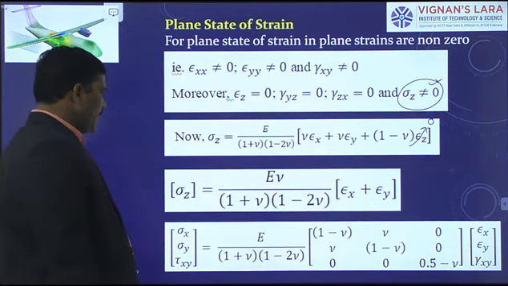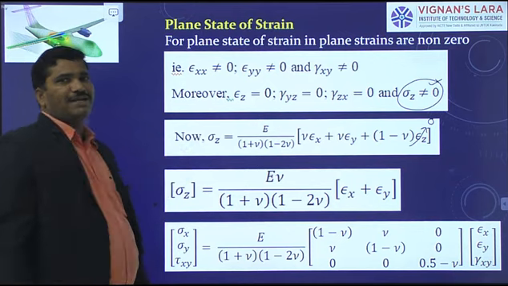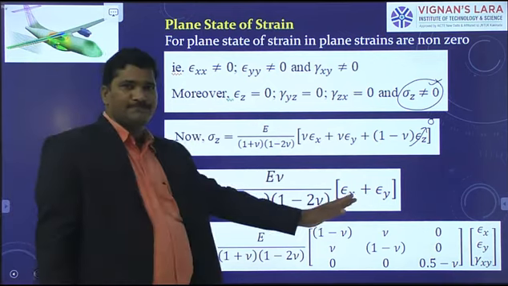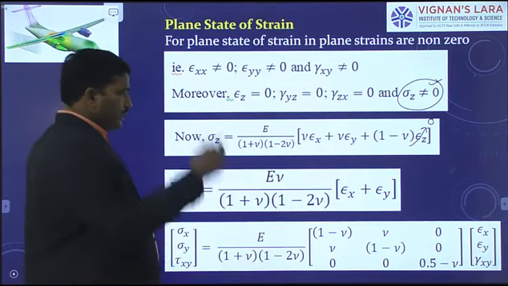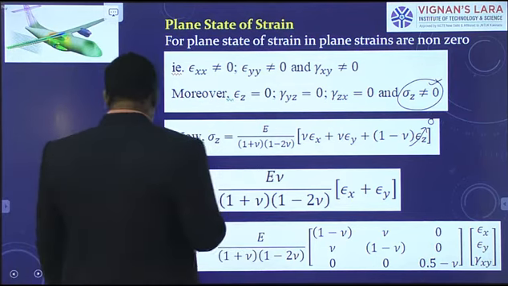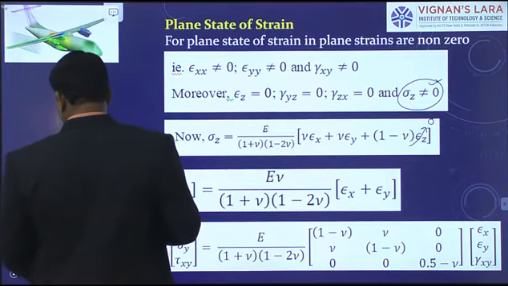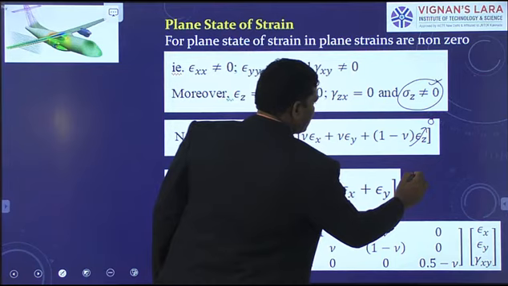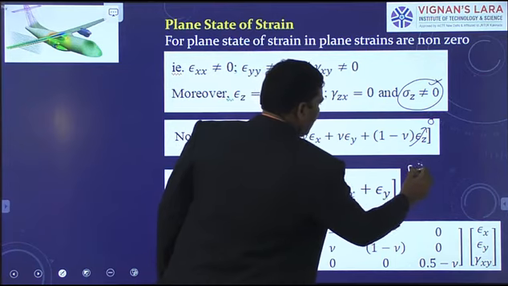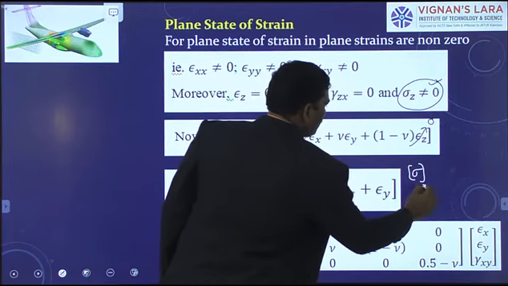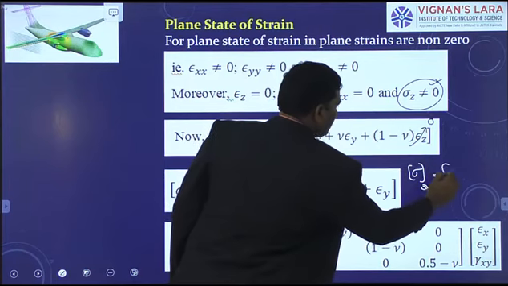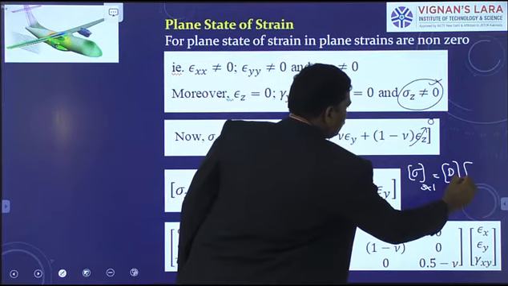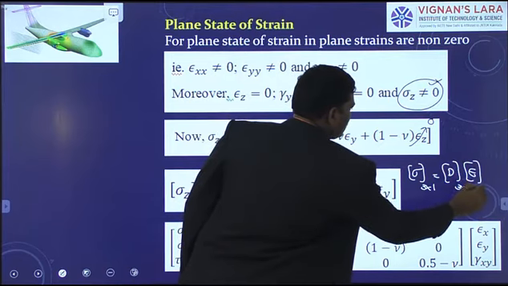Understand? Right. Now, for two-dimensional state of strain, we get the stress-strain relations like this, as I told you in the previous class. A matrix sigma of size 3 by 1 equals a matrix D of size 3 by 3 into a matrix epsilon of size 3 by 1.